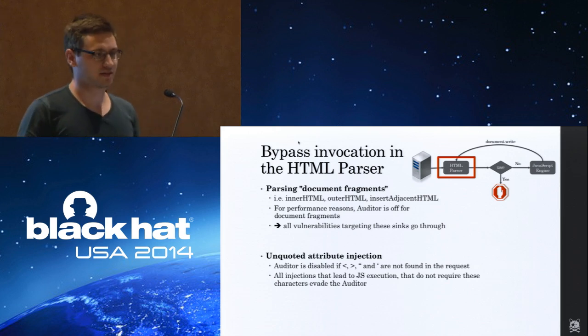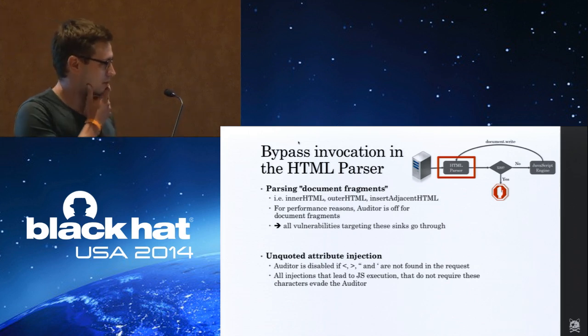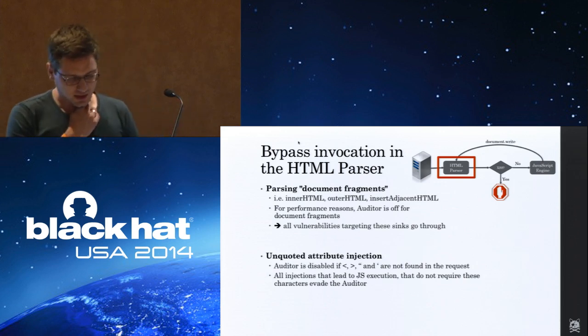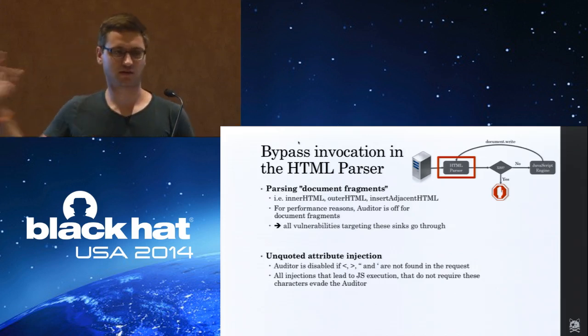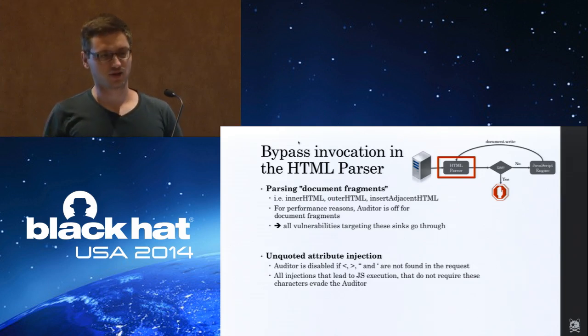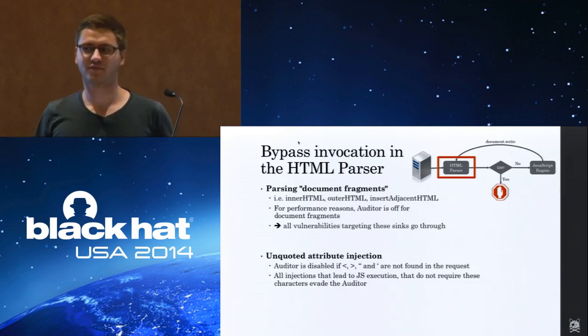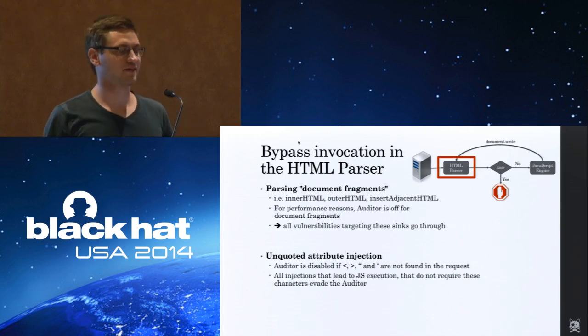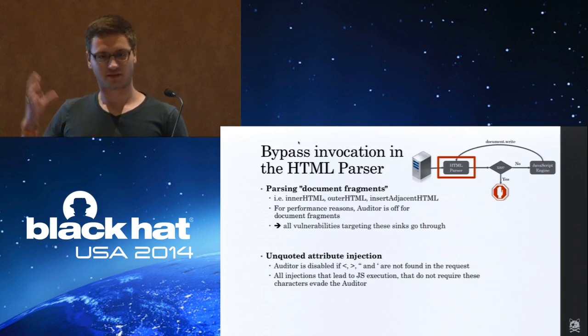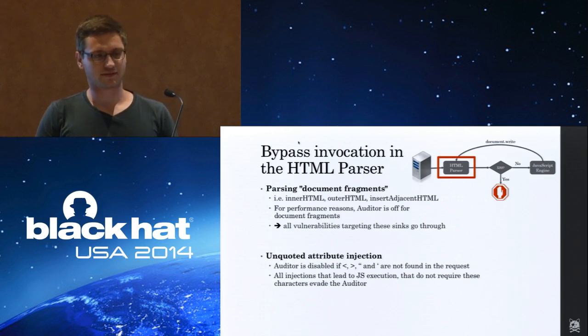And the second part is what Martin just also briefly talked about, this so-called unquoted attribute injection. The auditor is disabled if those 4 characters are not found in the request. But depending on the situation, and we found a lot of that stuff out there, you might have situations where the user input, something that's coming from the URL, is written to an attribute without using any quotes.